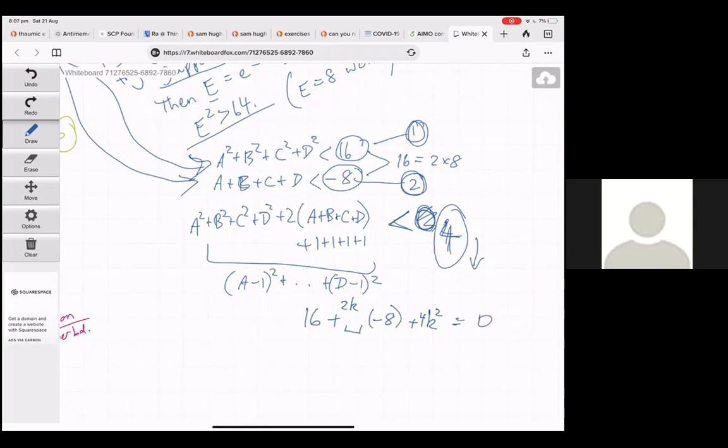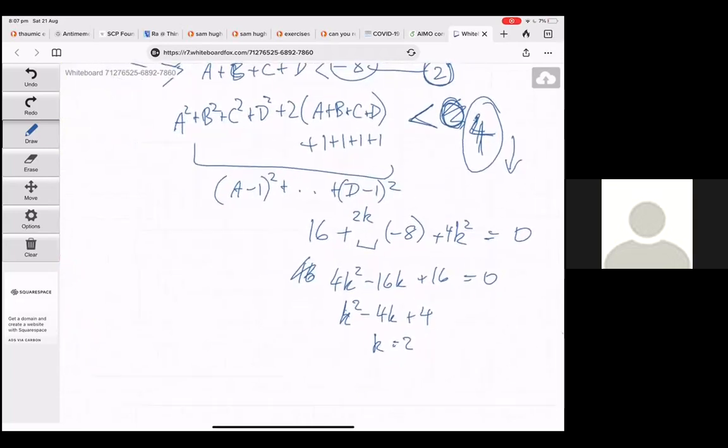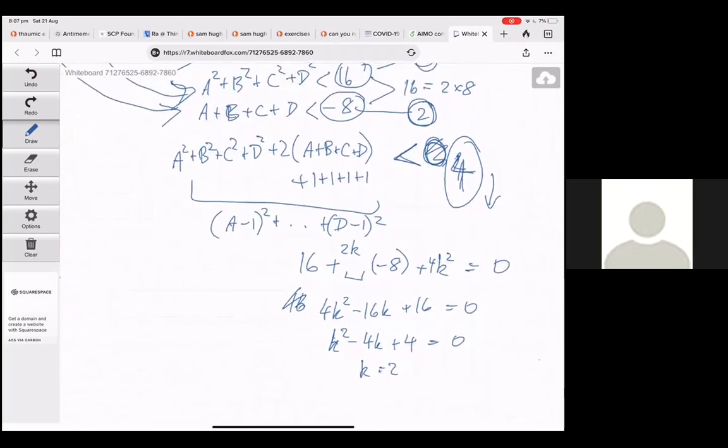And the value of k which gives me that is, well, what's that? 4k squared minus 16k plus 16 equals 0. So k squared minus 4k plus 4. And so that means that k equals 2 could work. And so let's try k equals 2.